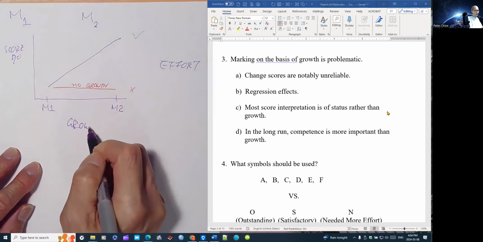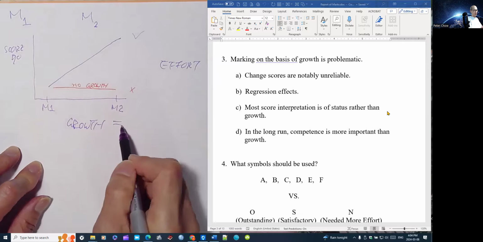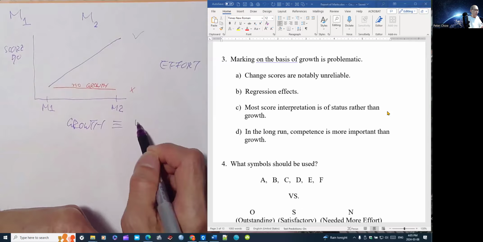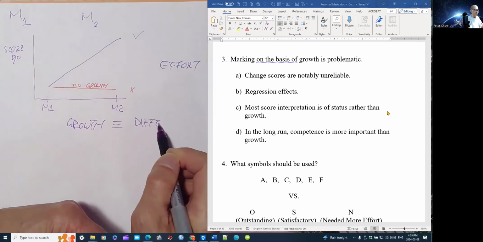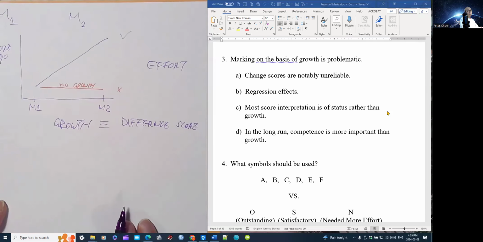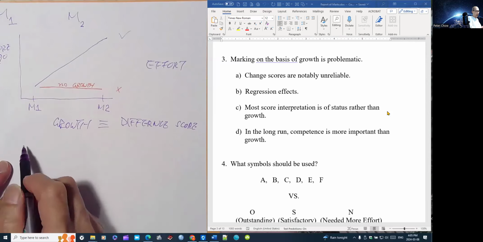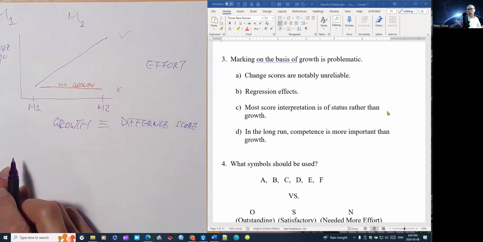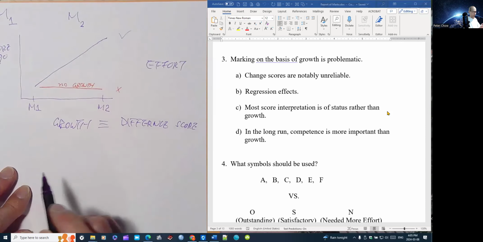Growth is actually what we are measuring: different scores. That is to say, we have two occasions to score.